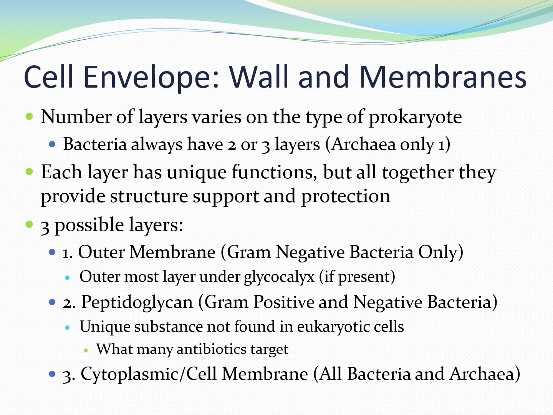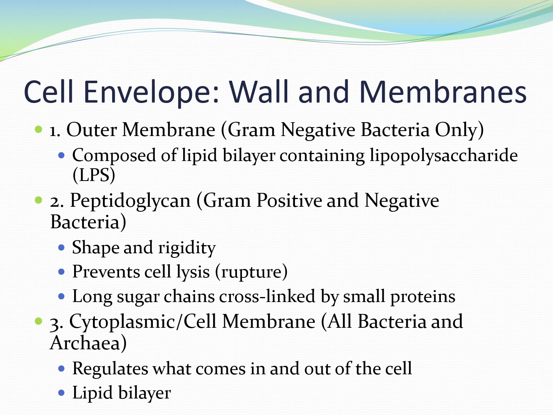The second possible layer is peptidoglycan. That is going to be our gram-positive and gram-negative bacteria. And then our cytoplasmic or cell membrane, all bacteria and archaea are going to have this structure. So let's talk about the purpose of these three possible layers.